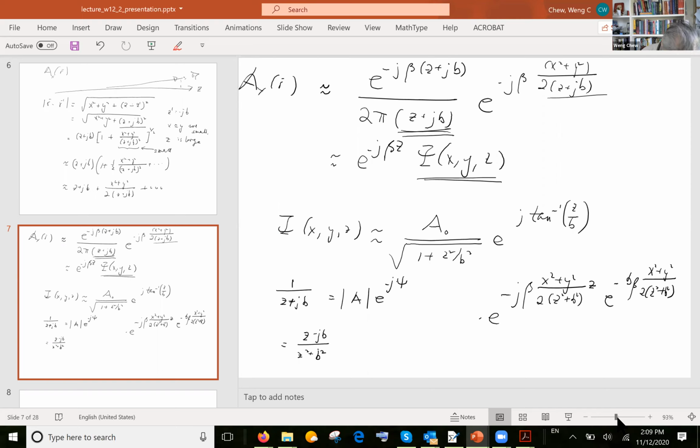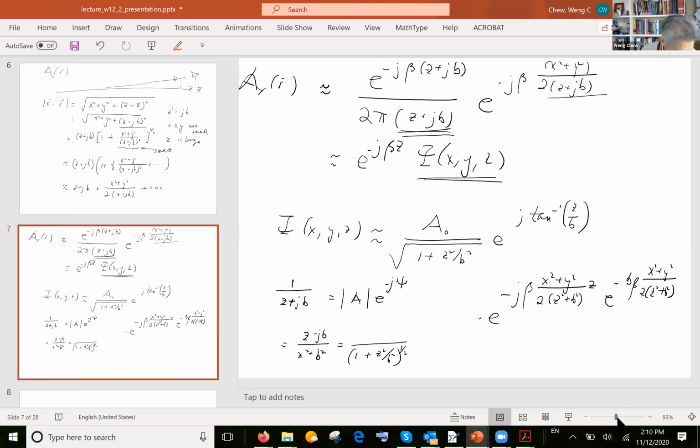If you take the magnitude square of this, and take out the b squared, then I will have square root of 1 plus z squared over b squared. Well, I'm not doing it in a very clever fashion, but you know how to do this.